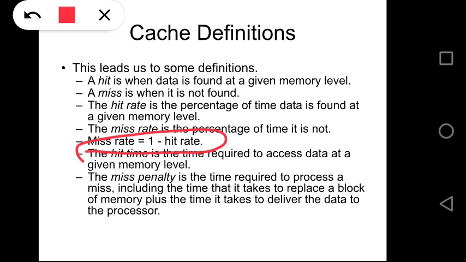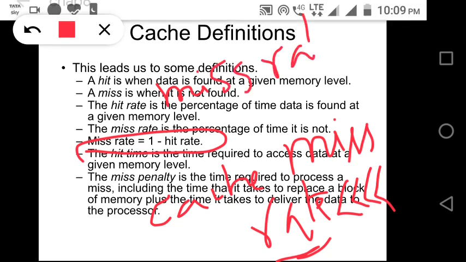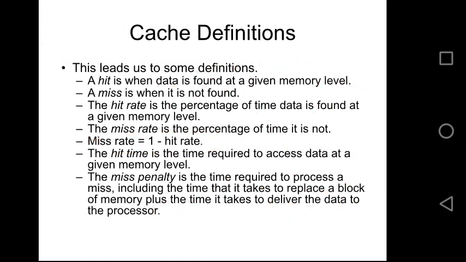The goal of cache memory is to have a very low miss rate, or a very high hit rate. So these are some basic definitions.